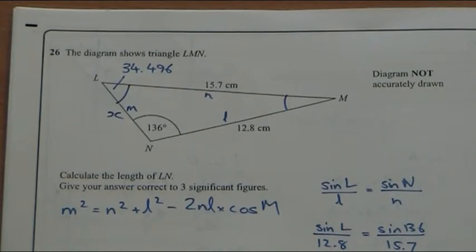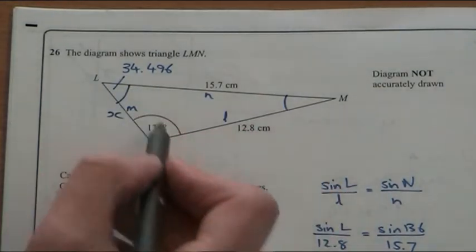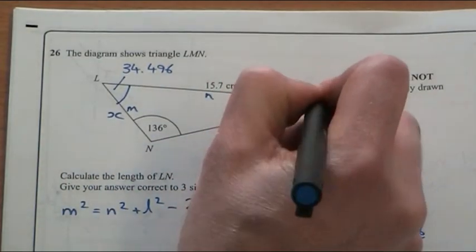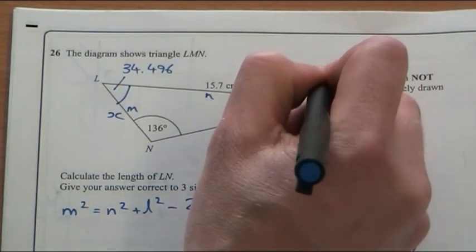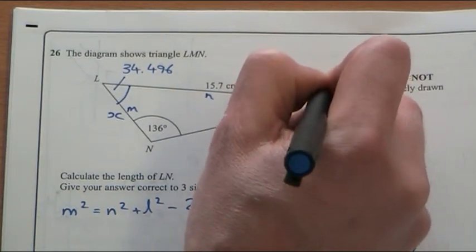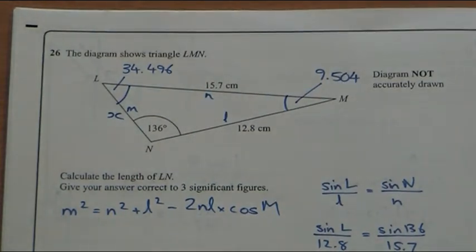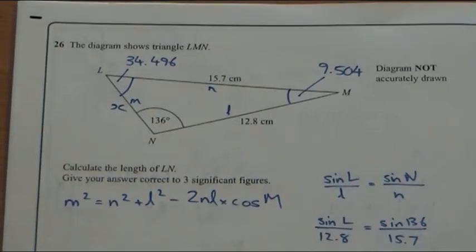So if I find the difference between 180, because all angles in a triangle add up to 180, so 180, take away my answer, take away 136, that is actually 9.504. So now what I can actually do is now use this formula with this as my angle.